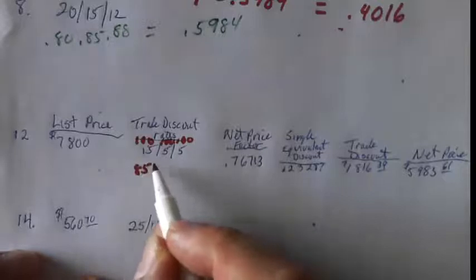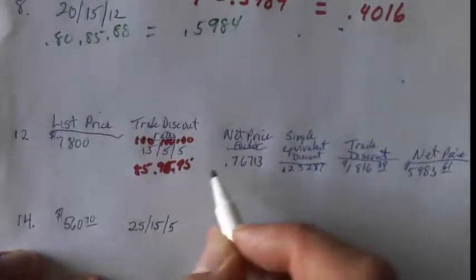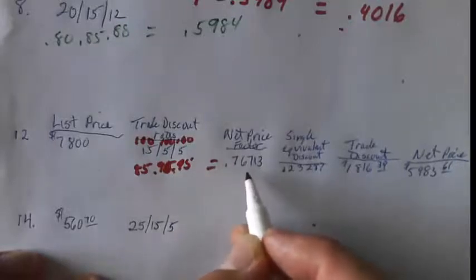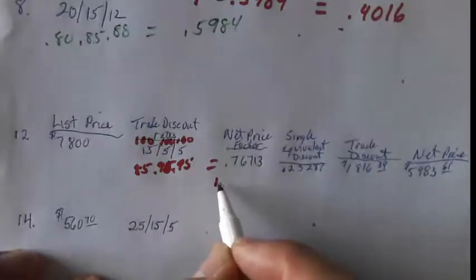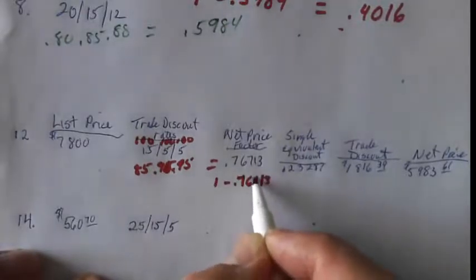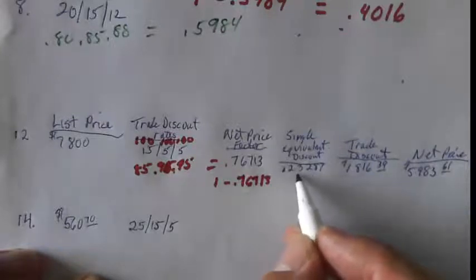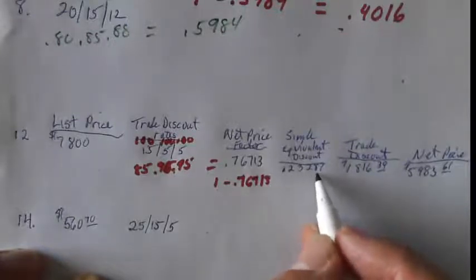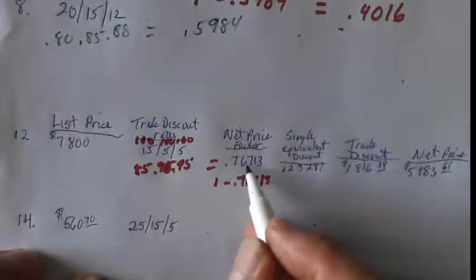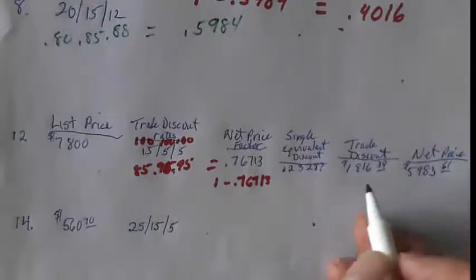So you'd have 85, 90, 95, and 95 multiplied through gave you this. Okay? And so then 1, right, subtract this gives us 0.23287. This 1 subtracted from your net price factor gives you your discount rate, just like what we did before.